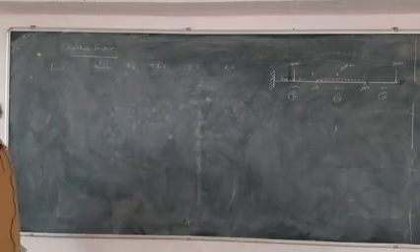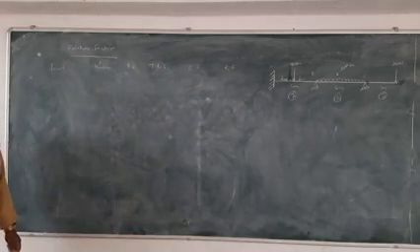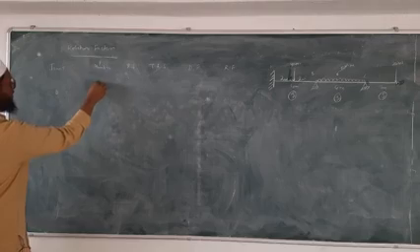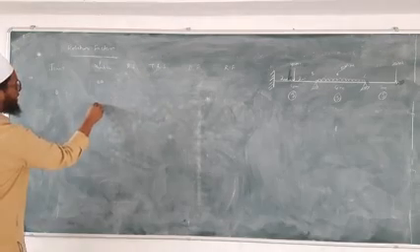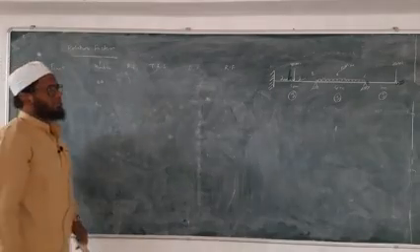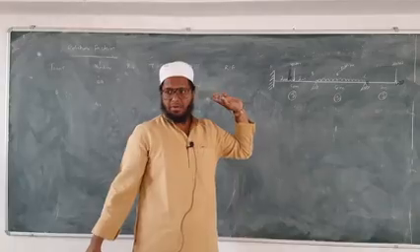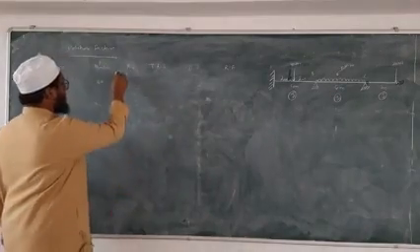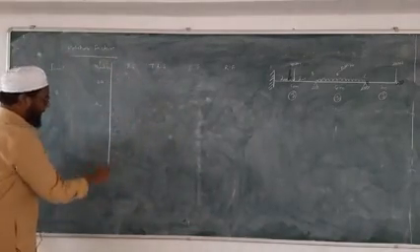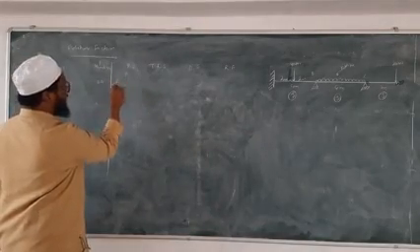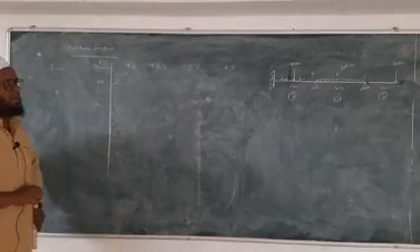So tell me how many joints we have? B and C, right? At B, one member is BA, another member is BC. So from B to A we have fixed support. So it will be I by L. So I by 4.